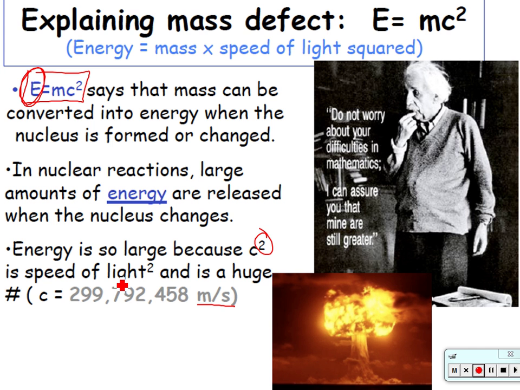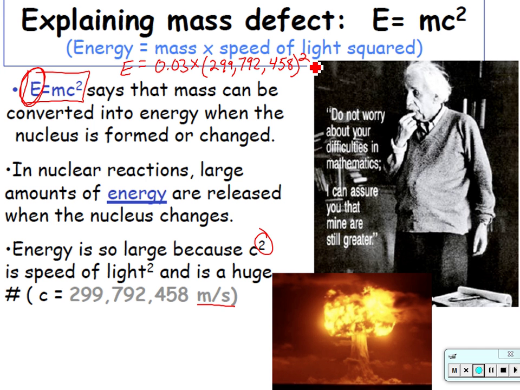Now when we put it into this equation, energy is equal to the mass defect, 0.03. Let's do this. What's the speed of light? Well, it's this big number, 299,792,458. But you got to square that number.